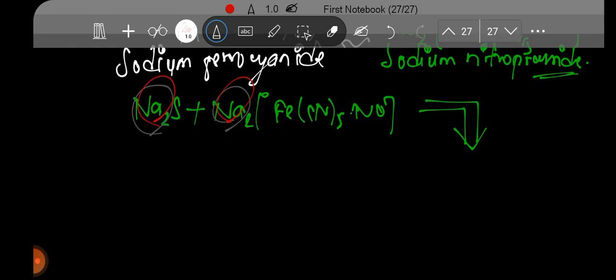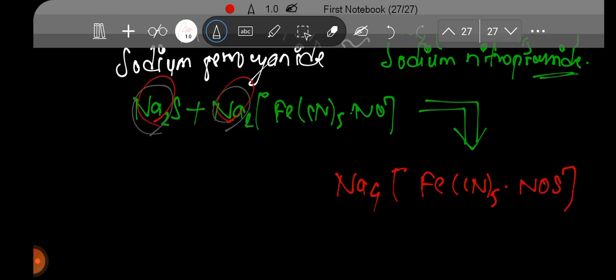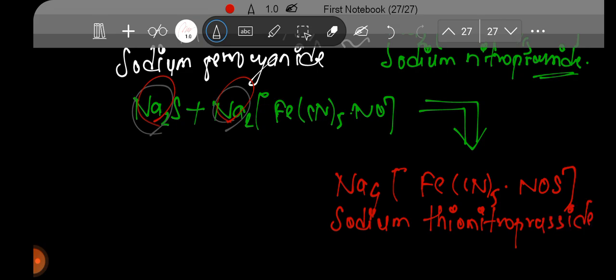It's simply Na4[Fe(CN)5NOS]. This is known as sodium thionitroprusside, which is violet in color.